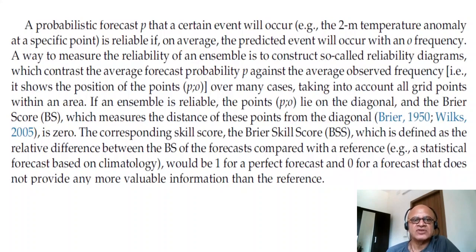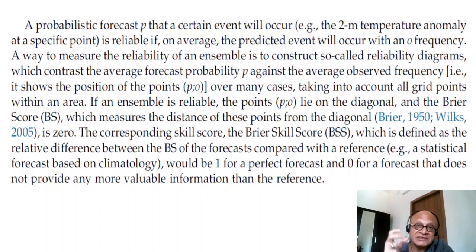The probability forecast P is reliable if, on average, the predicted event will occur with an observed frequency O. A way to measure the reliability of an ensemble is to construct the so-called reliability diagrams, which contrast the average forecast probability P against the average observed frequency, i.e., it shows the position of the points P, O given P, for many cases, taking into account all grid points within an area.